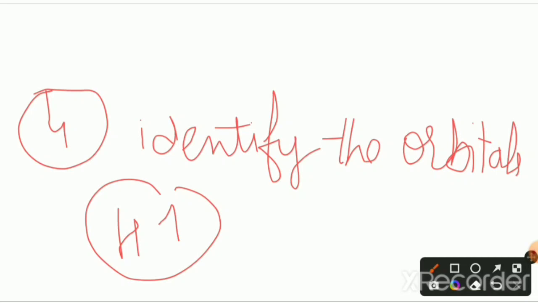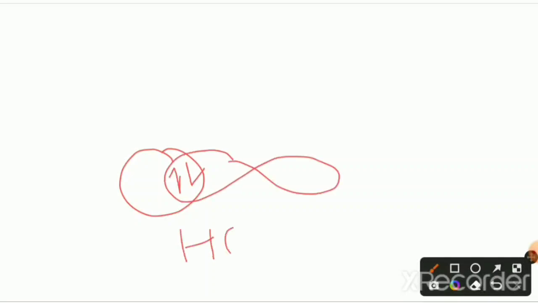As you know, there is only one electron, and there is a p orbital which is dumbbell in shape. When these two orbitals are combined together, there is one spherical region and one dumbbell region and there are 2 electrons. This is the structure of HCl: this is hydrogen, this is chlorine, the p orbital of chlorine and this is the s orbital of hydrogen.